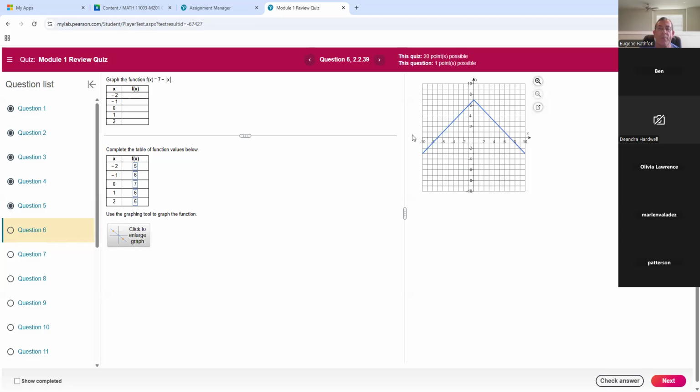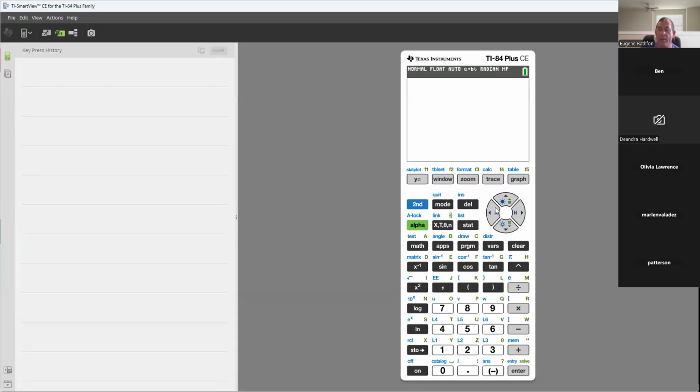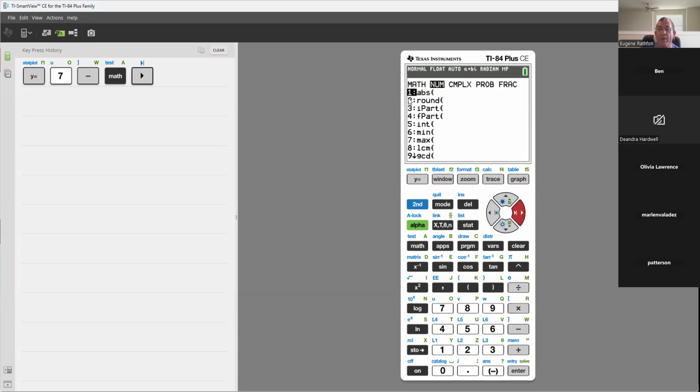All right, y'all, let me show y'all that one on the calculator. I'd go to y equals. I'd put in 7 minus. To get absolute value, you can hit math, arrow right to number, and hit enter. ABS is absolute value.